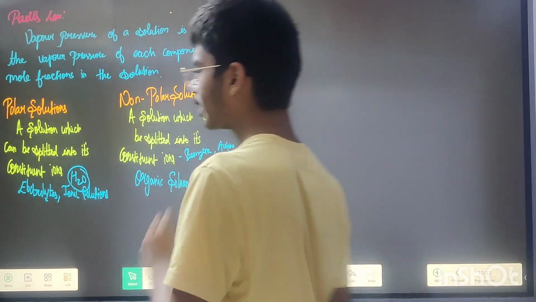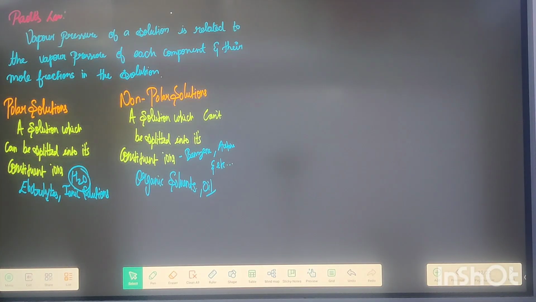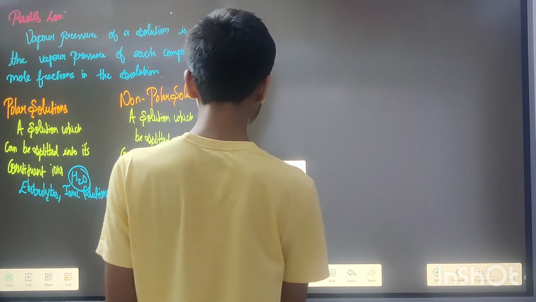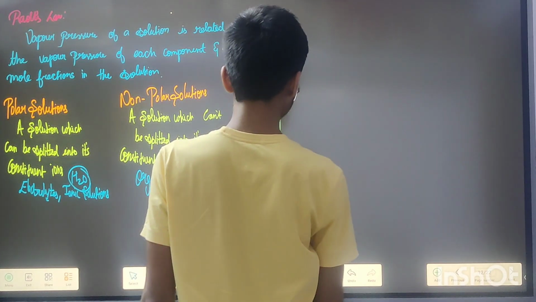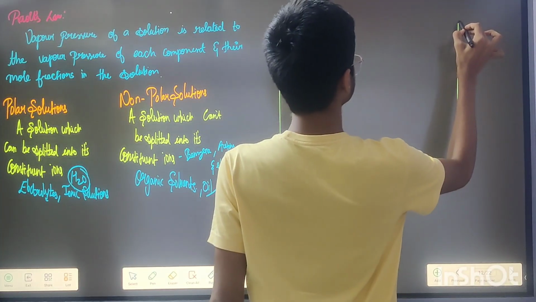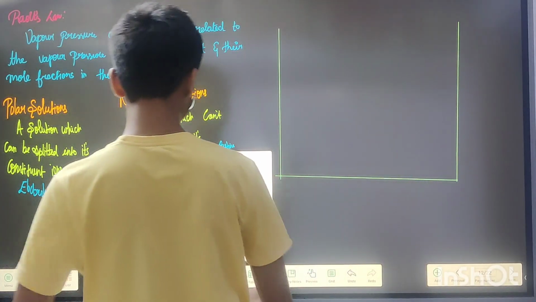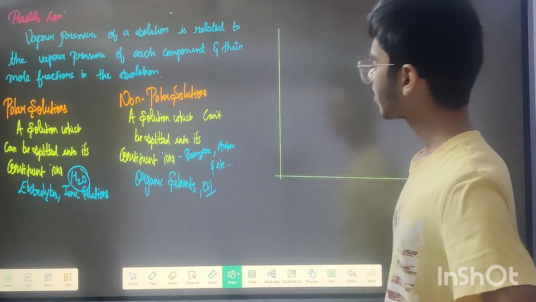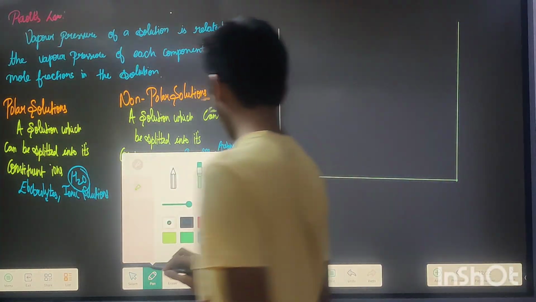Okay, so in the case of ideal solutions, we have graphs, right? First I will explain this one.